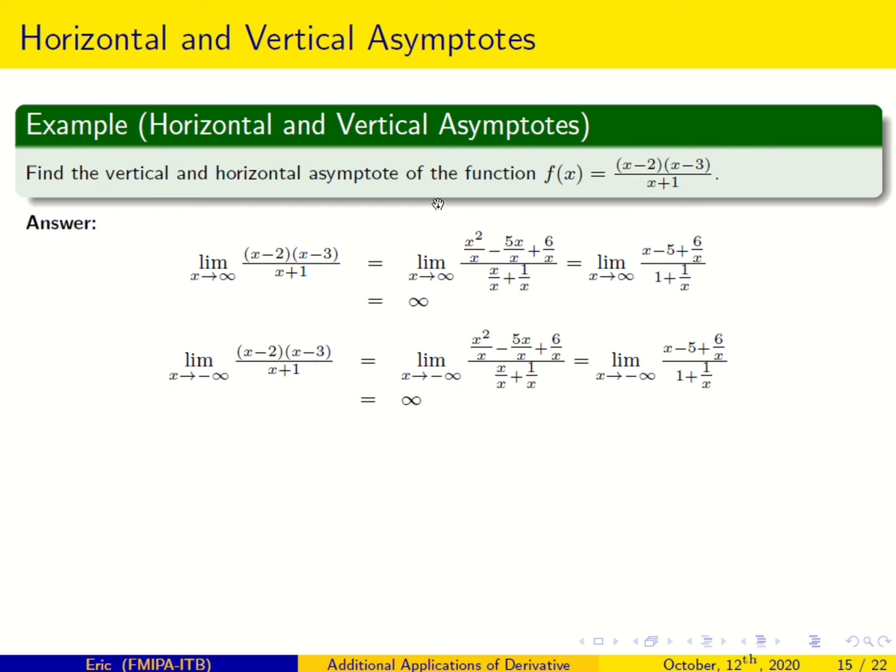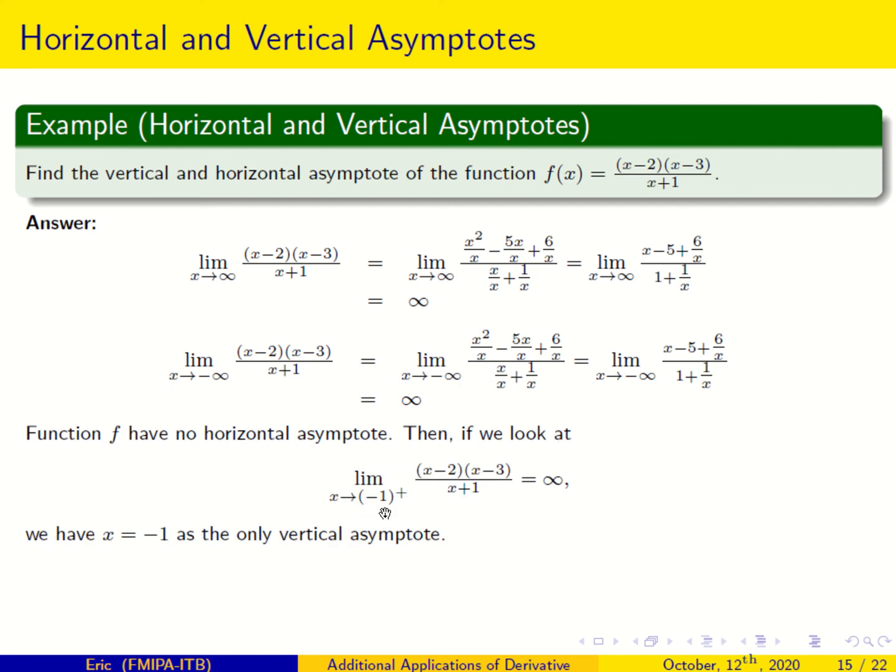What about the vertical asymptote? We can look at when x goes to 1 from the left or from the right. You can choose either. And for this one, we look at minus 1 plus. If we look at minus 1 plus, the numerator becomes positive, but the denominator becomes smaller and smaller, so the fraction becomes larger and larger as x goes closer to minus 1 from the right.